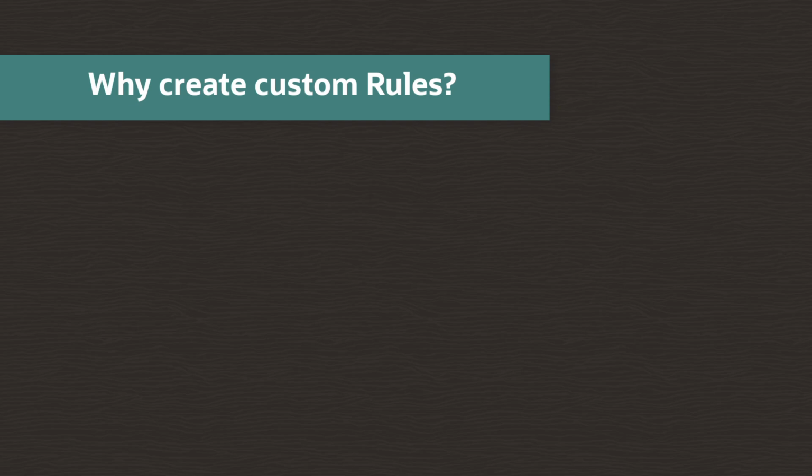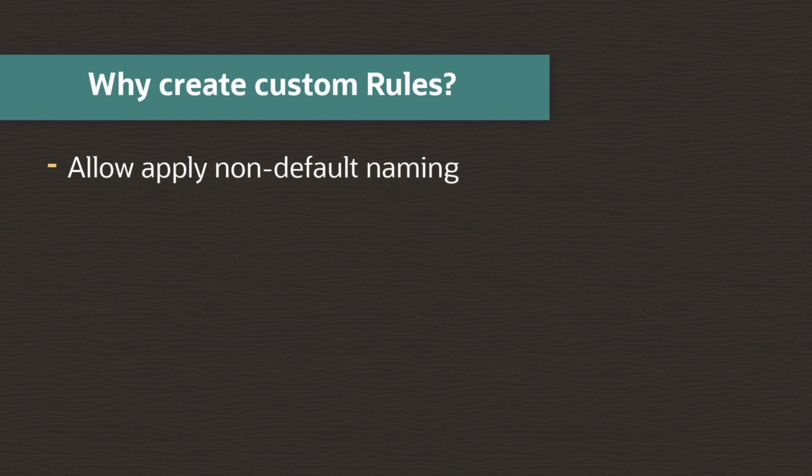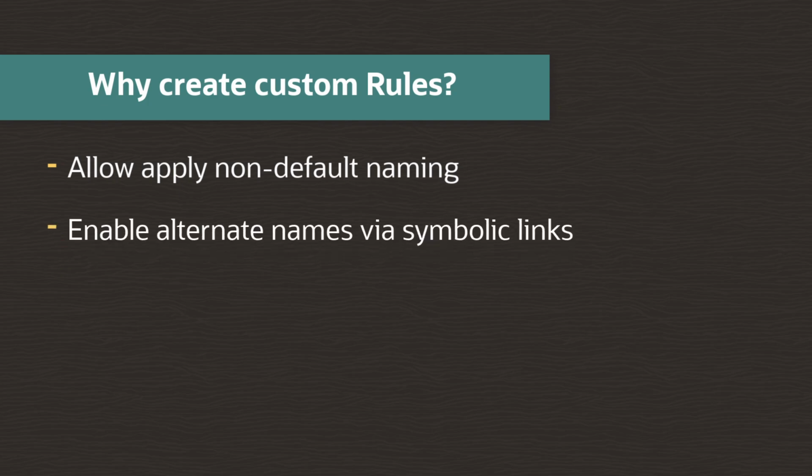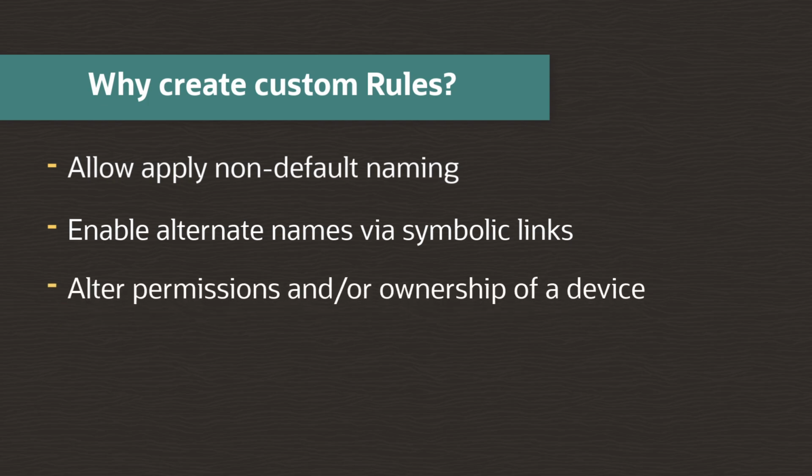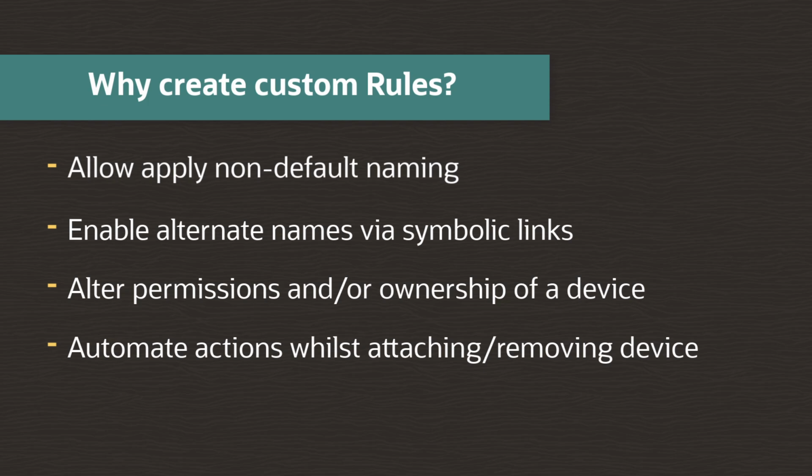There are numerous reasons actually, and here are some examples: the ability to rename a device from its system-assigned default; to provide an alternative name for a device node by creating a symbolic link to that node; to alter the permissions and ownership of a device, for example, to restrict access to a device; to complete an automated action when a device is created or removed, for example, when the device is physically attached or removed; to rename a network interface.